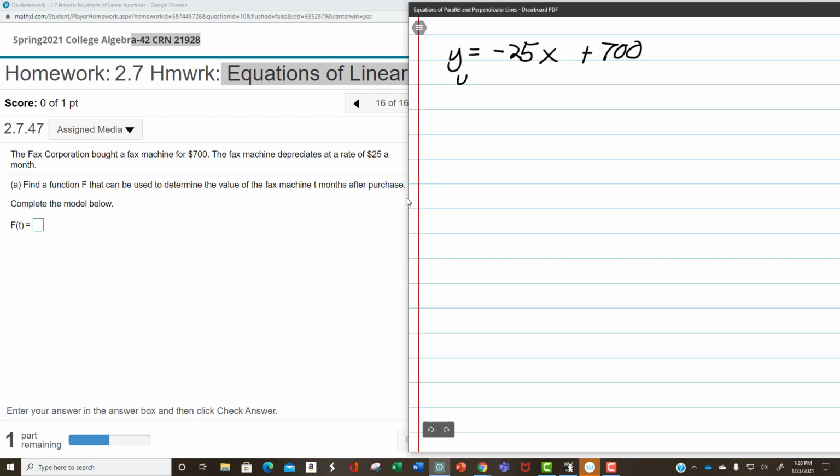It's more understandable if you write it like this, 700, and then it goes down $25 every month. But we normally write it with the minus 25 first. So find a function that can be used to determine the value of the fax machine t months after purchase. Okay, that means I cannot use x. I have to use t.